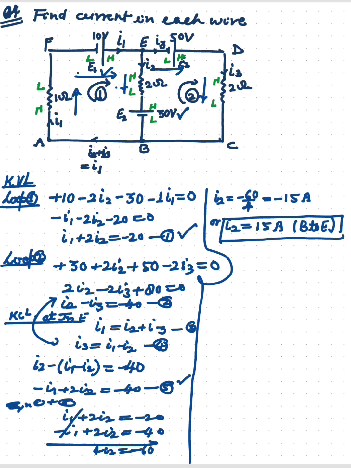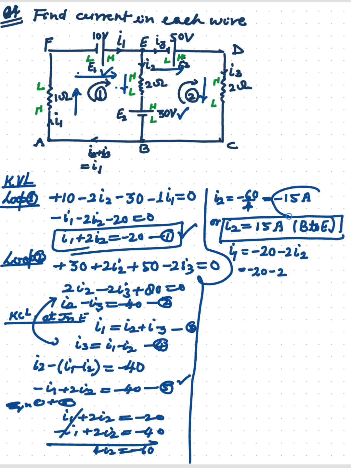Tell me, clear or not? Clear? Now I1 we can find from equation 1. From this equation we can find I1. I1 will be what, minus 20 minus 2 I2. So this will be minus 20 minus 2 I2. I2 we are getting with negative sign, so use it with negative sign.